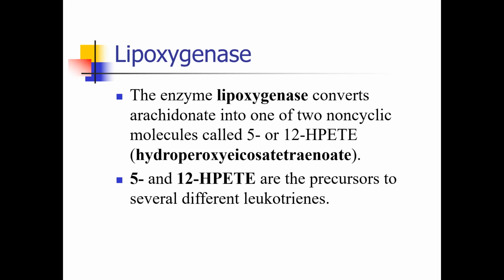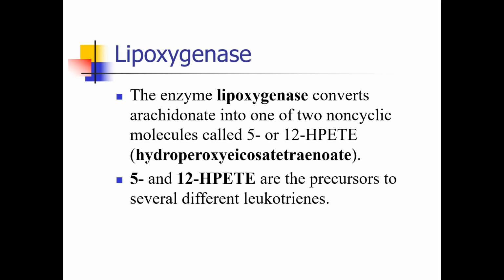It converts arachidonate into a noncyclic molecule that is mercifully abbreviated HP, because hydroxy, peroxy, eicosanoate doesn't quite roll off the tongue.